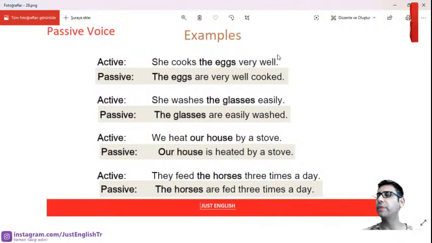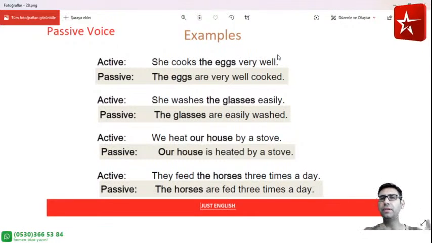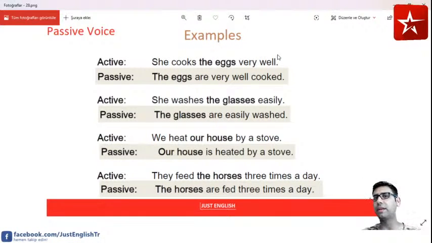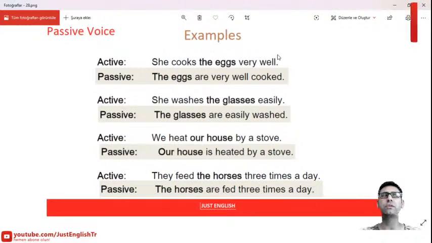I'm not sure if I could make myself clear about the house heated by a stove. But it's like a definition. It's not like you're describing what's happening there. You're describing the house. What sort of house is that? It's a house that is heated by a stove. It's kind of a description. All right.